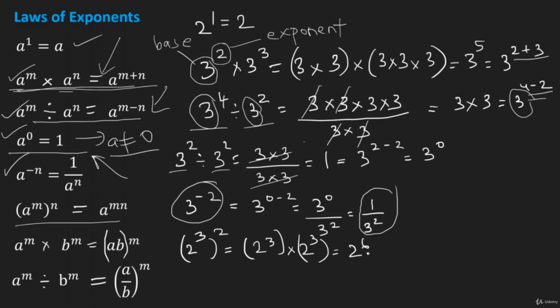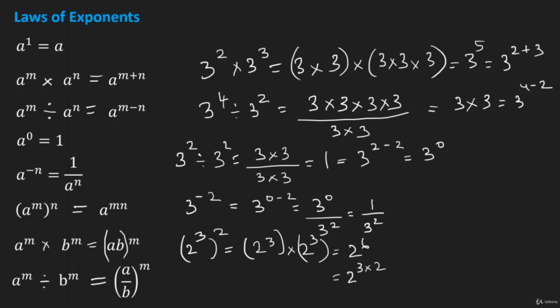And you can note that this 6 can also be obtained as 2 to the power 3 into 2. So when you have a to the power m to the power n, that's equal to a to the power m into n.